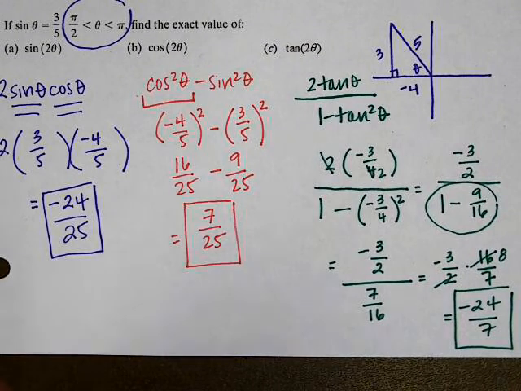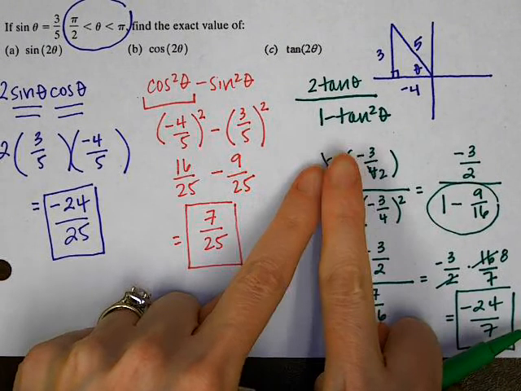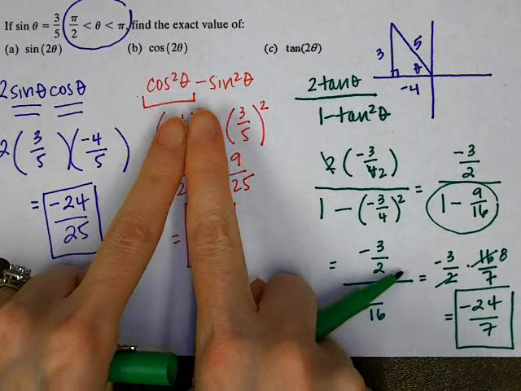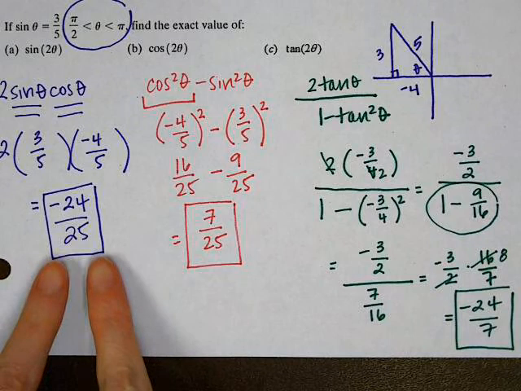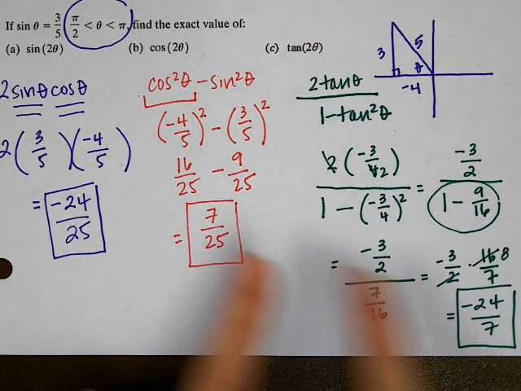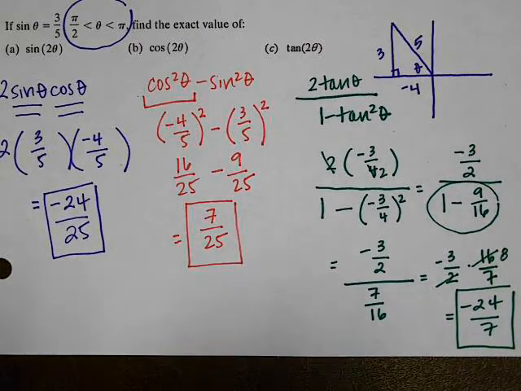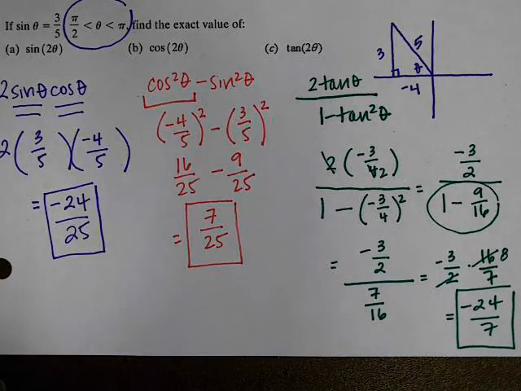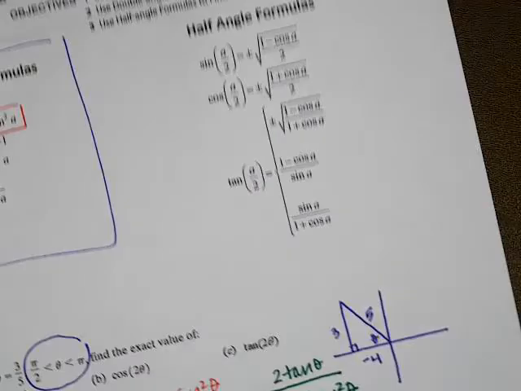Now, possible shortcut, tan is really just sine over cosine if they're all double angles. So if you would have divided this by this, you would have also gotten this. So that might have been easier if you have them all in a row. All right, great. Let's move on to the back side here.